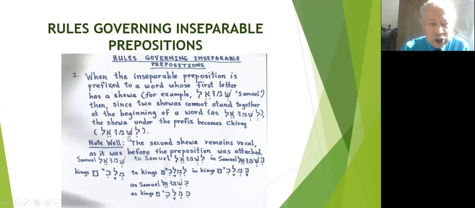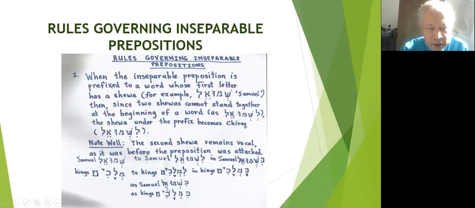The second schwa remains vocal, that is, it is to be pronounced as it was before the preposition was attached. So here you have some examples of the preposition used with Shemuel. Shemuel is Samuel. Li Shemuel, to Samuel. Be Shemuel, in Samuel.